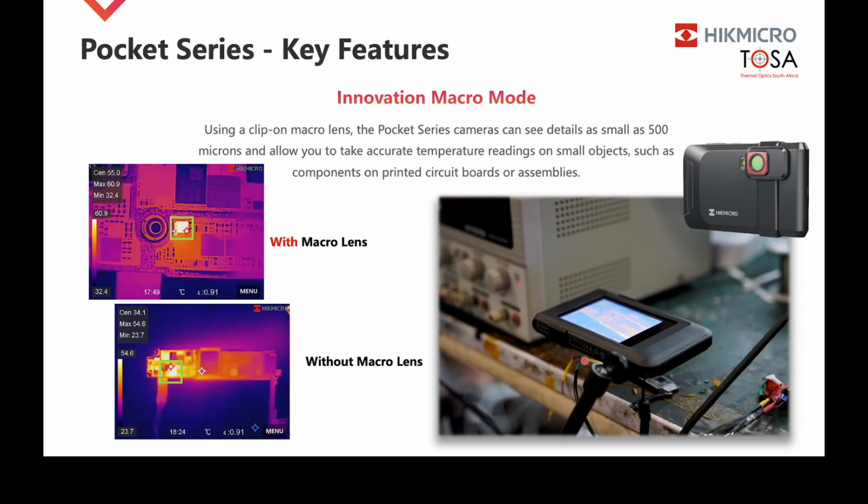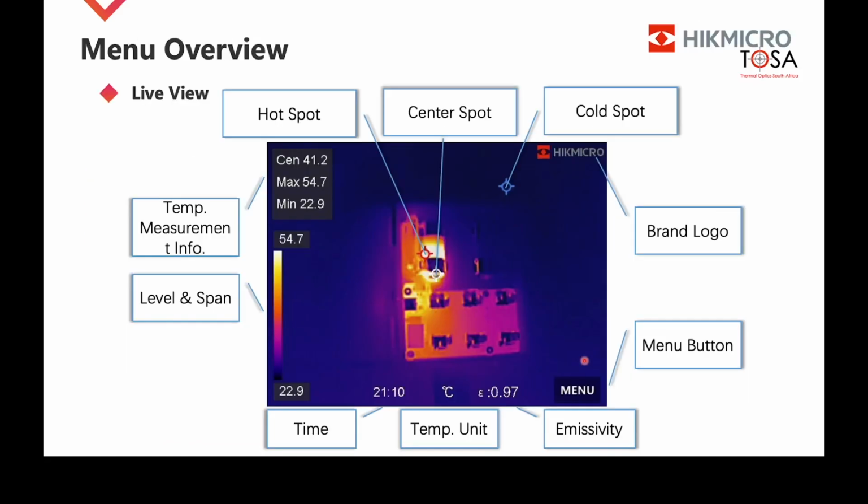On the bottom left-hand side, you can see without the lens, you really typically have a challenge in focusing in on that component. So using the macro lens, and on the right-hand side, you see a stand. In this instance, we're using just a normal tripod, and my Pocket 2 that's sitting behind me here is also attached to a tripod so that I can more easily manipulate it when we're looking at the demonstrator.